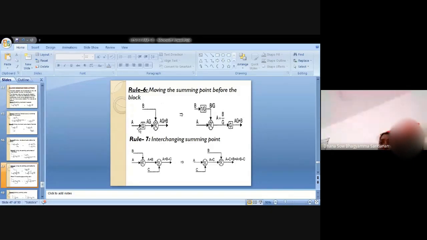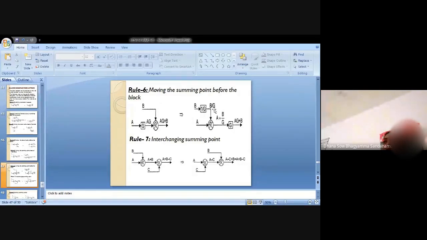I want to move the summing point behind this block. So the summing point has moved behind this block. The initial input A has remained as it is. Here I have to introduce something in such a way that the final value should be AG plus B. So I have taken 1 by G here.